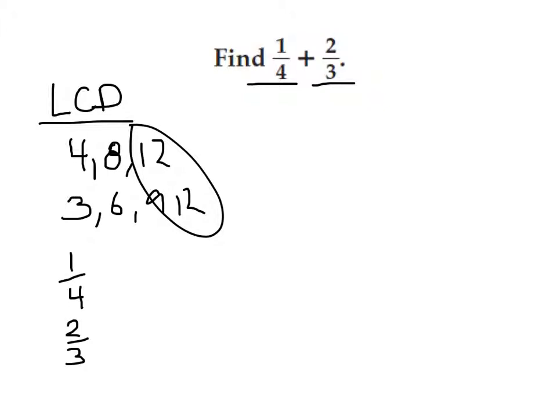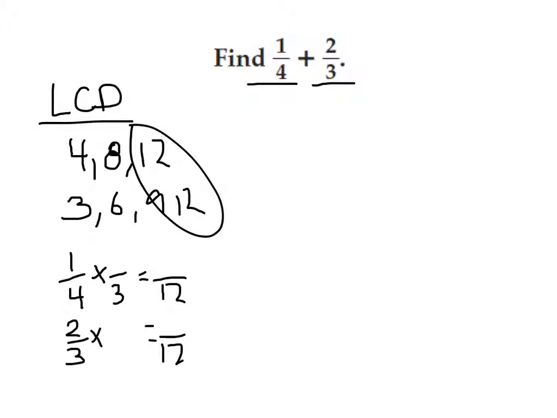Now, we got our two fractions here. We need to multiply both of them by a fraction that will give us a denominator of 12. So we need to say to ourselves, what times 4 will equal 12? And I do believe that's 3. 3 times 4 is 12.